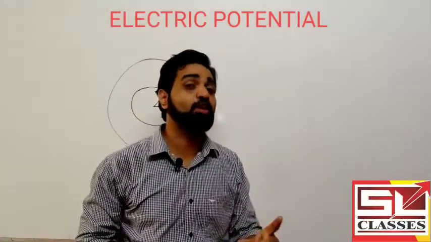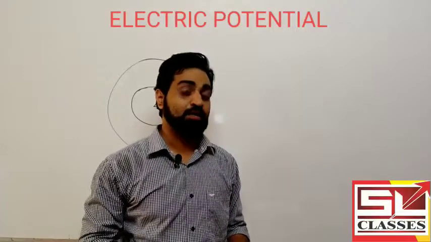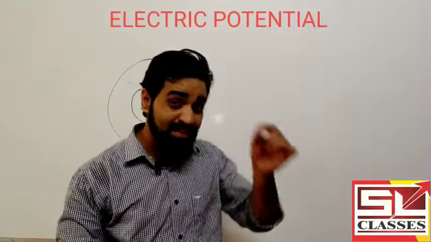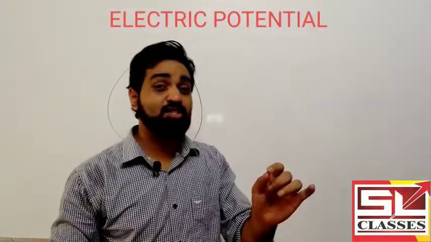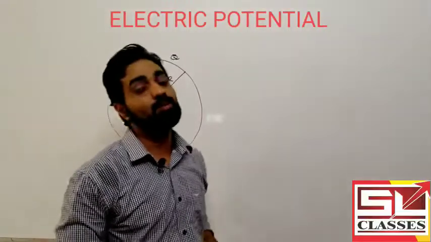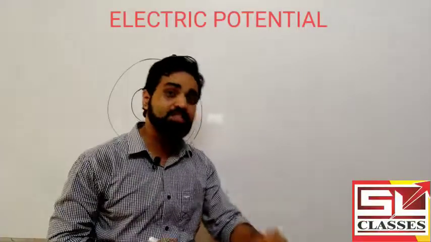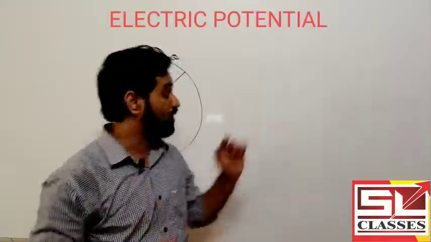And a very important point to be noted is that inside the hollow sphere the potential is the same everywhere, and the value of potential inside is not zero. That value is the value of potential at the surface. So for a sphere, potential at the surface and potential inside are equal. This is the concept you have to know to solve this question.